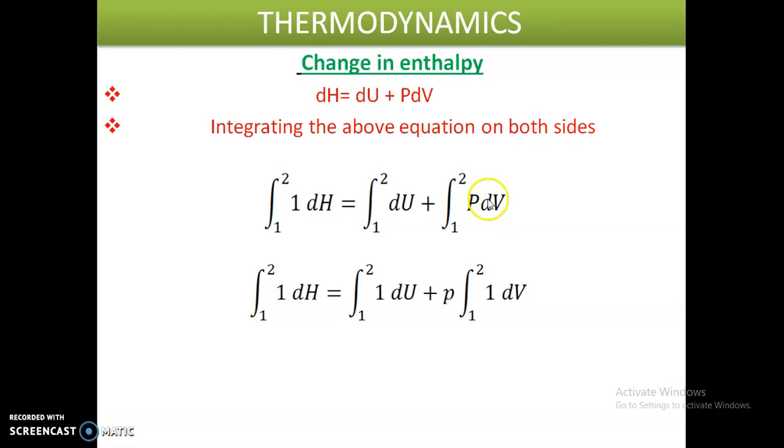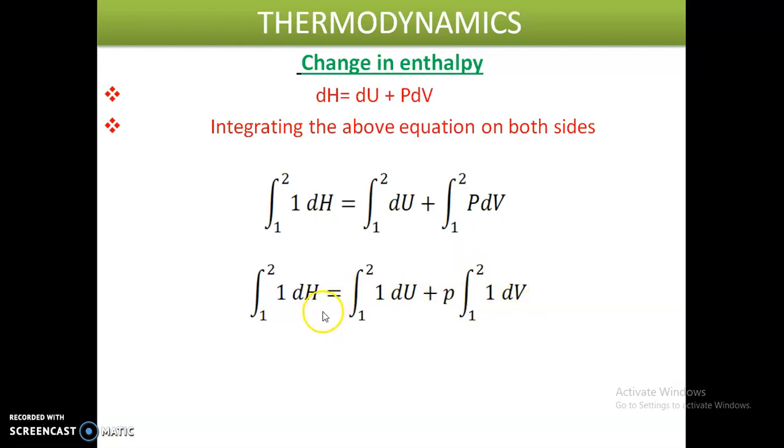We may consider the P value as constant, so put the P value outside the integral, like this: P into integral 1 to 2 of 1 dV.